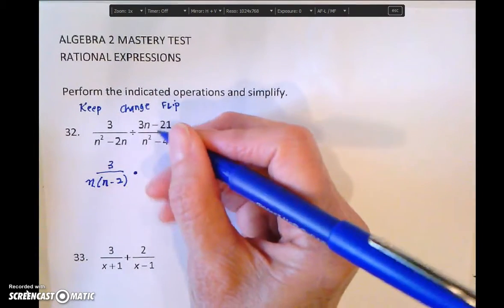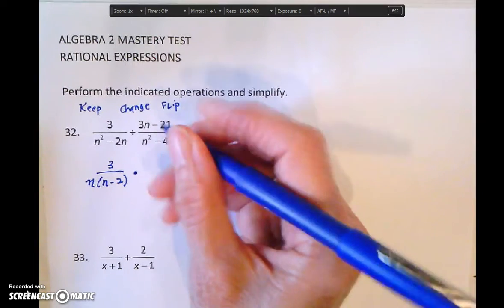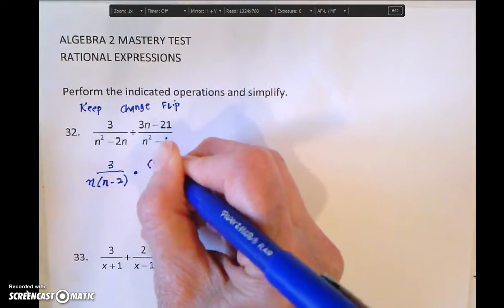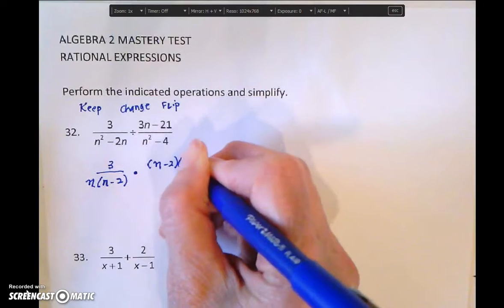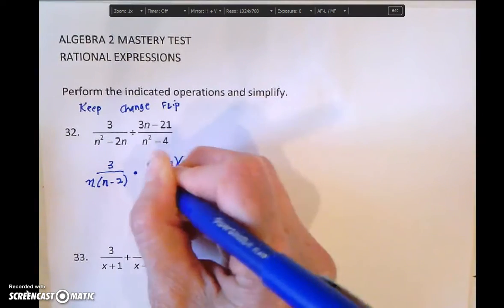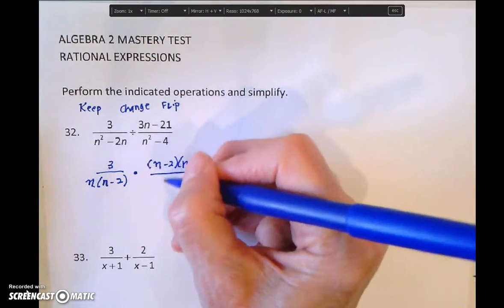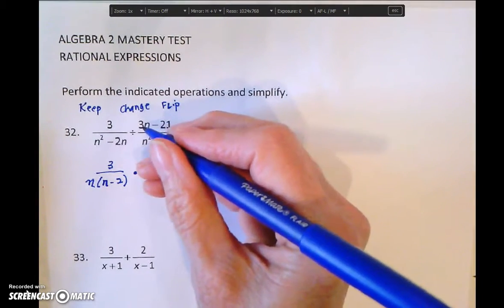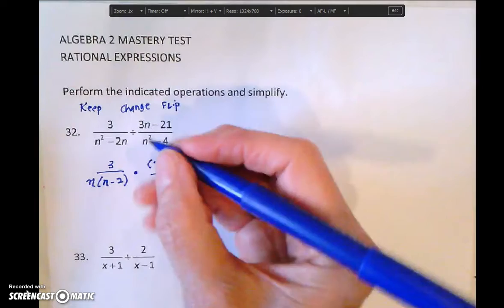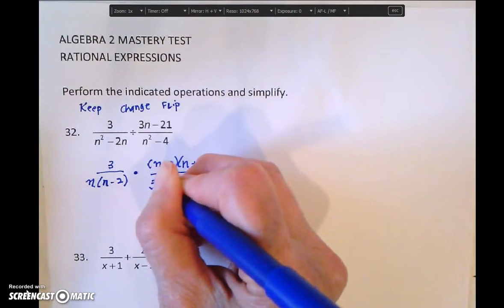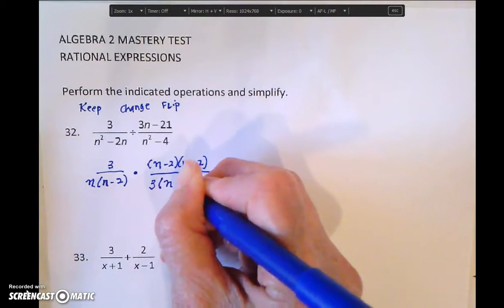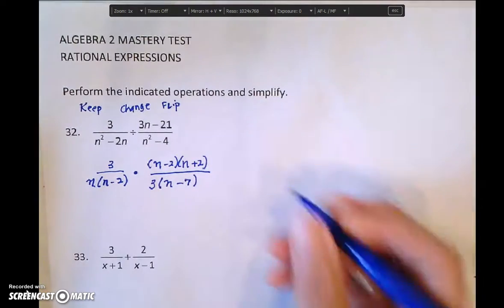So n squared minus 4 is going to go to the numerator, and when I factor it, it becomes n minus 2 and n plus 2 over the numerator, which is going to slip down to the denominator, and here I have a GCF of 3, so I'm going to factor out the 3 and be left with n minus 7.